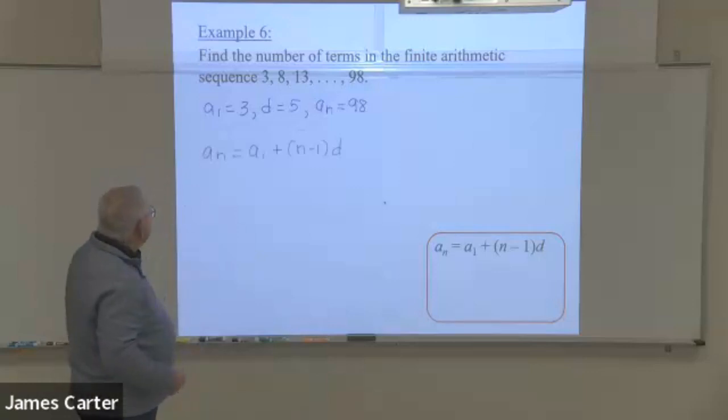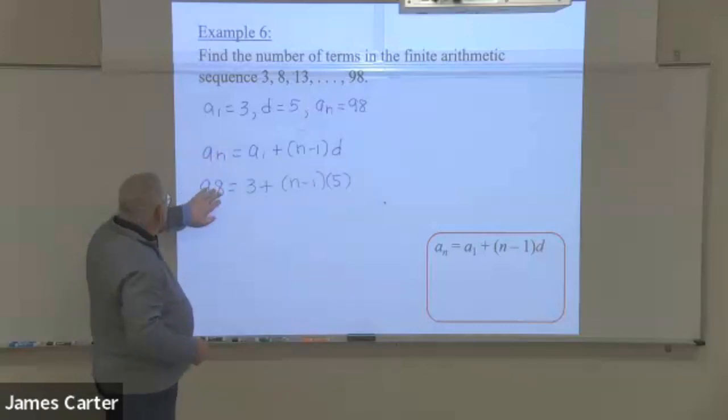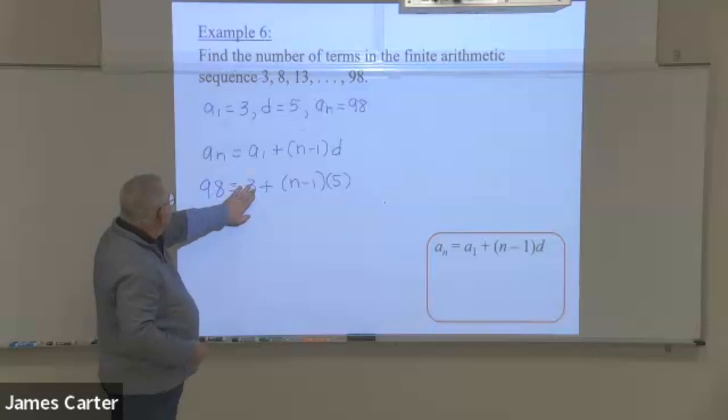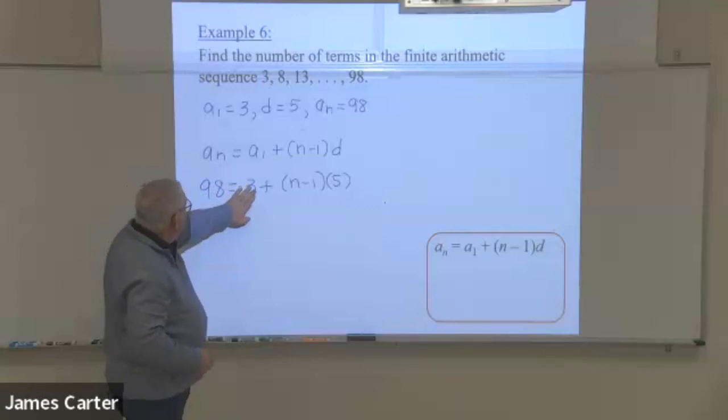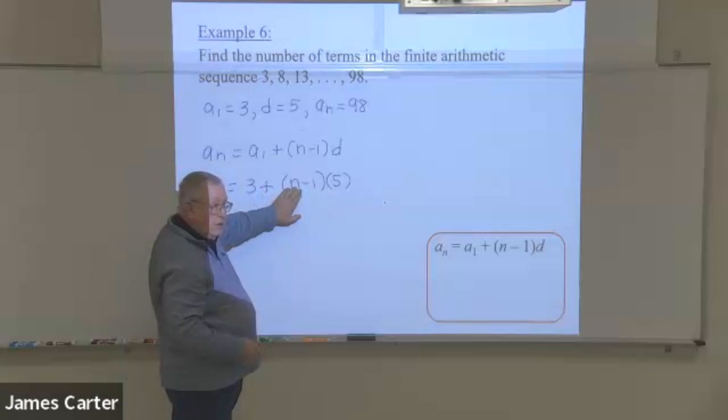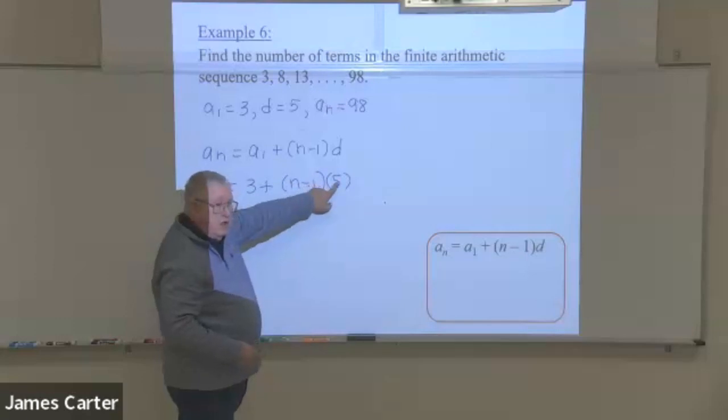So here's our formula. Let's put in what we know. We know the value of this is 98. We know the value of the first term is 3. We don't know the number, so we've got to leave that abstractly. And we do know this.